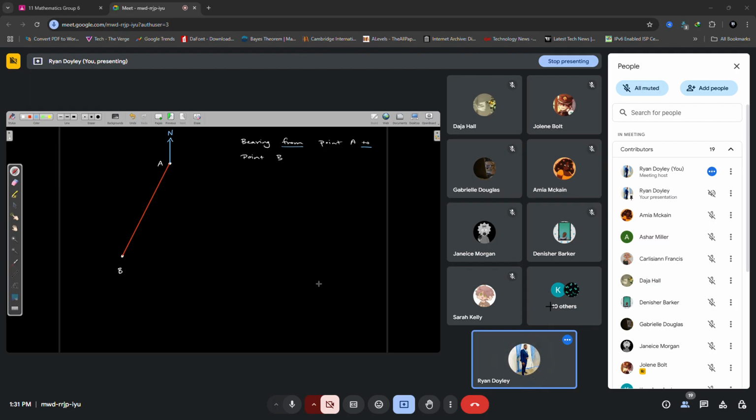So now, to get the bearing, and remember the bearing is just an angle, right? To get our bearing, we can just put our pencil on our north line and move in a clockwise direction until we touch the line that connects both points.